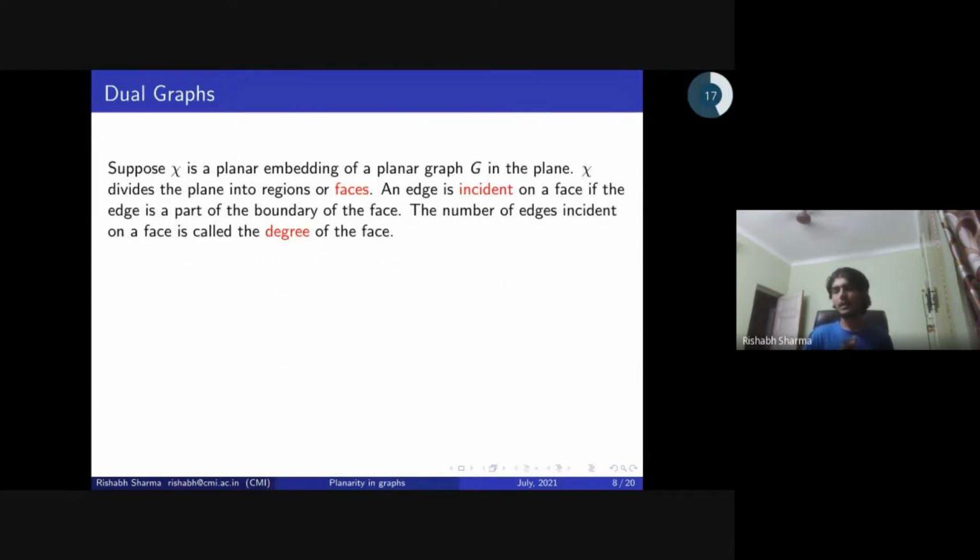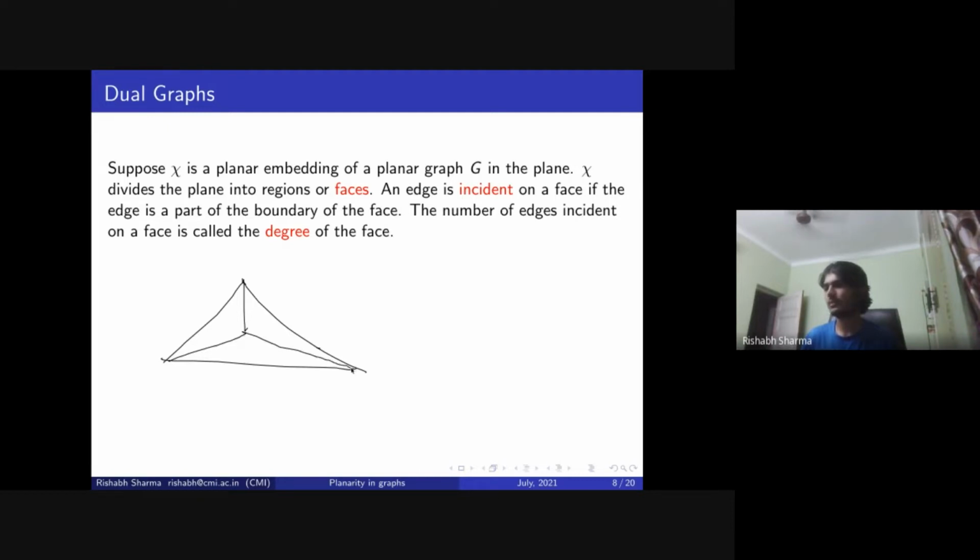Now I want to introduce the idea of dual graphs, the dual of a graph. Suppose I have a graph which has a planar embedding, and I draw its planar embedding out. Let's take the same example, K4.